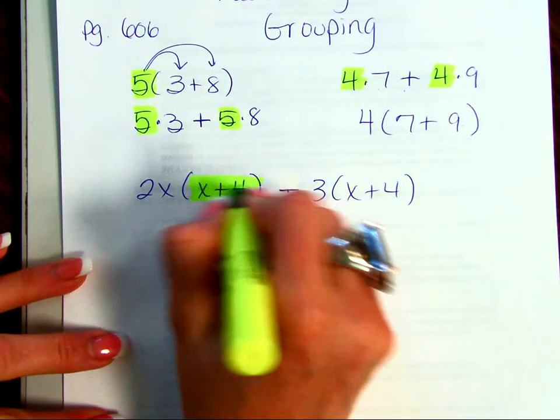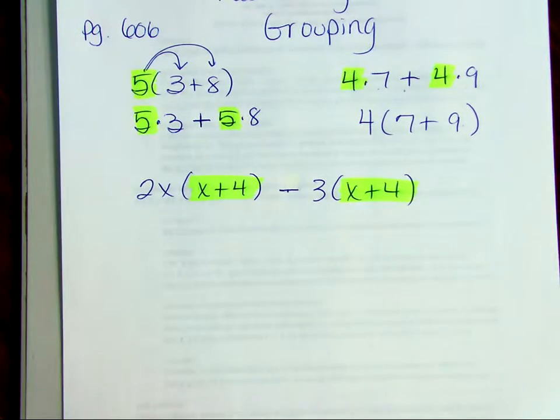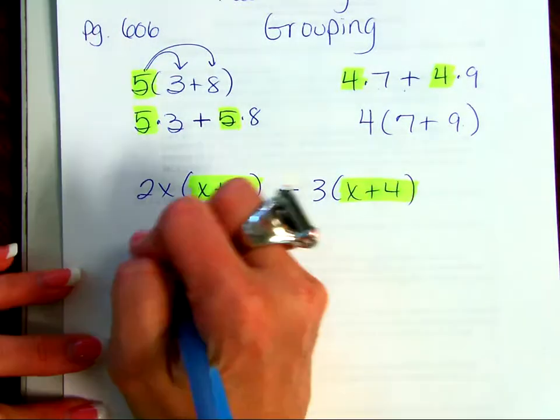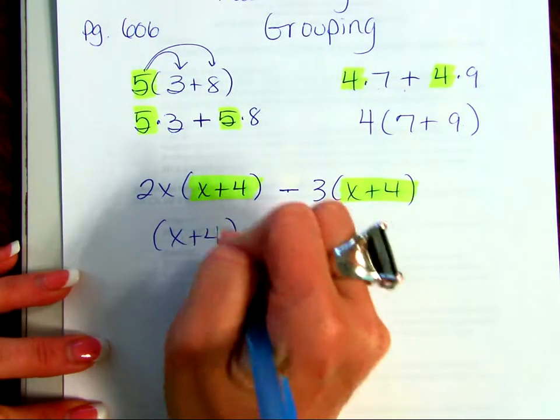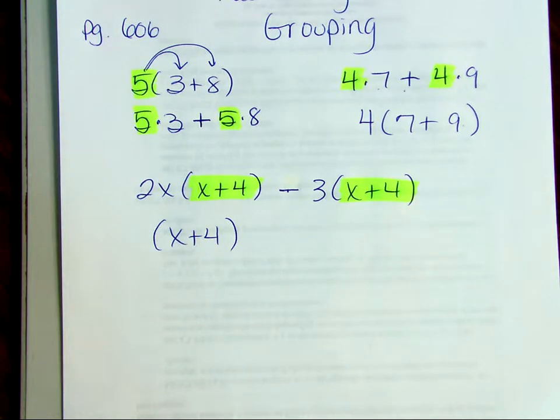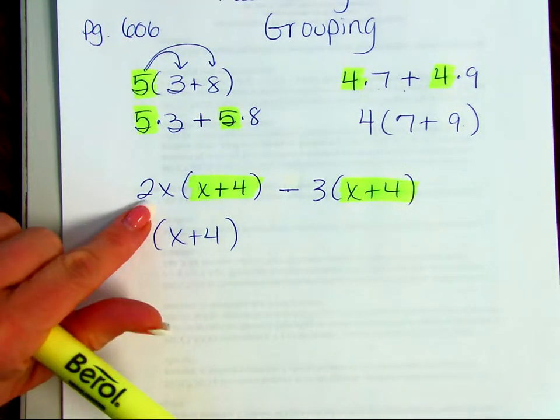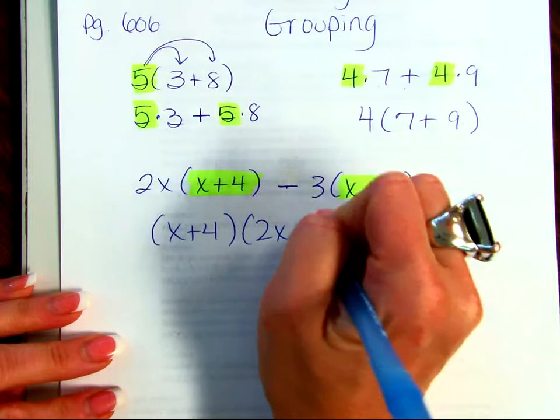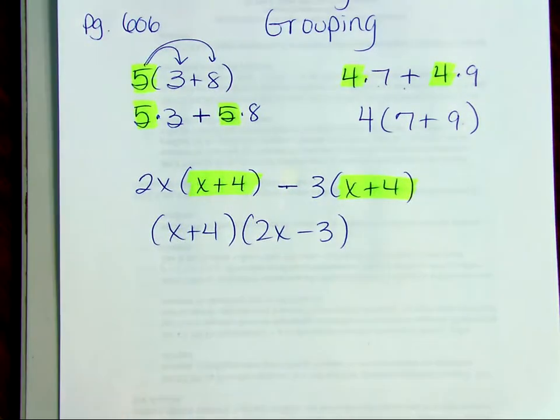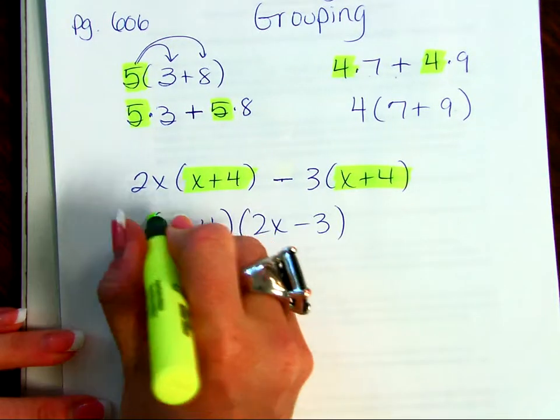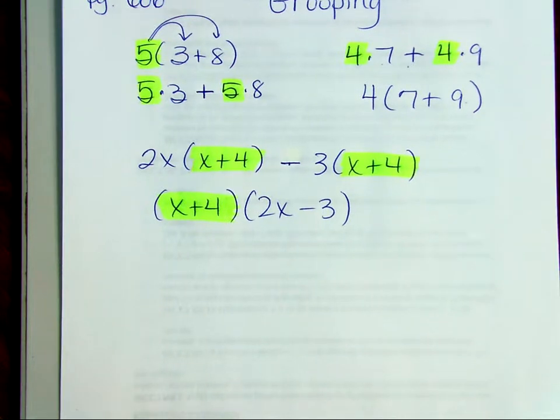It's not one number. It's a binomial that they have in common. It's the whole x plus 4, right? So let's do what we did up here. Let's pull that x plus 4 out. And then what's left? 2x minus 3. That's it. So do you see your x plus 4 as your common factor that was pulled out of there?